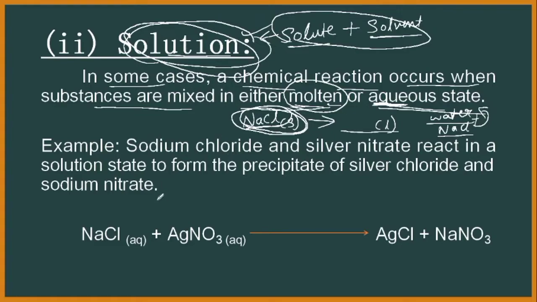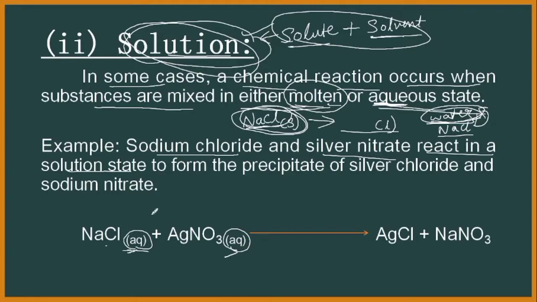For example, sodium chloride and silver nitrate react in a solution state. That means we took them as solutions, so we write them as aqueous, because we have dissolved these salts in water. Sodium chloride is in aqueous state, silver nitrate in aqueous state.